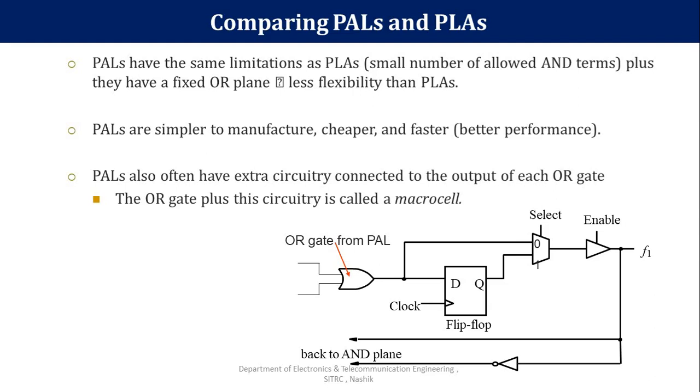Then depending on the select line, a particular input is selected and given to the enable signal. The enable signal, the tri-state signal, selects the input or output, means whether the port can be used as an input port or output port. It is decided by that enable signal. And again, this output can be connected to another AND plane to generate another logic.